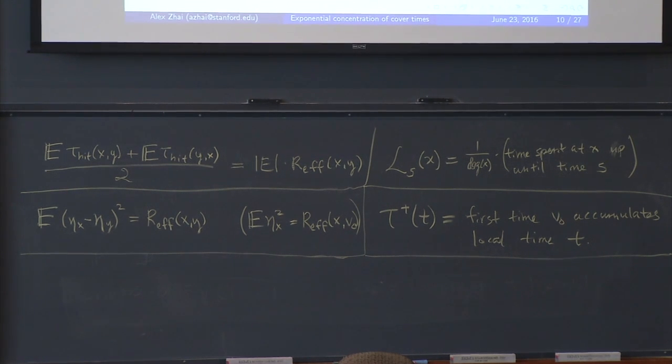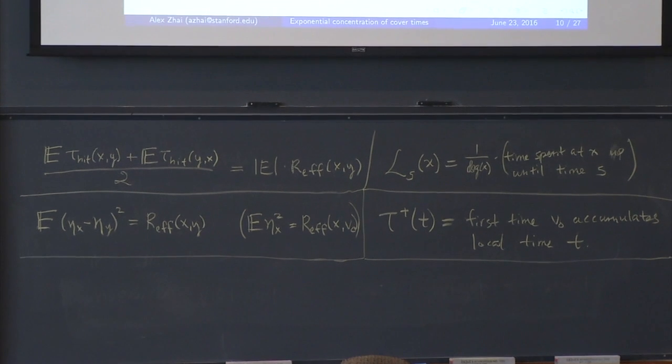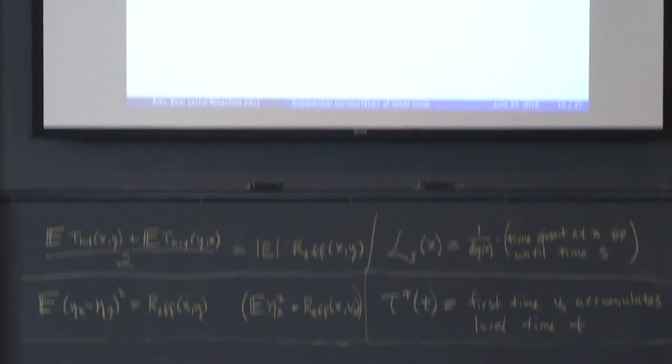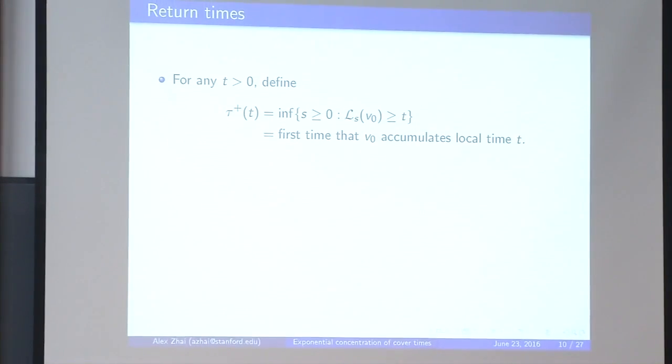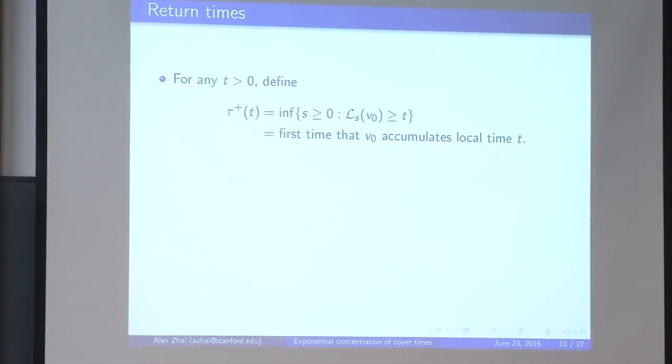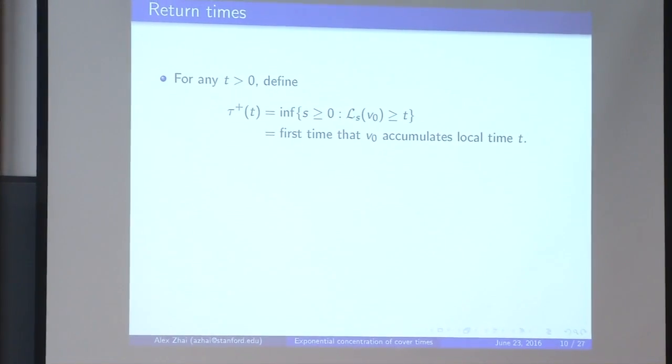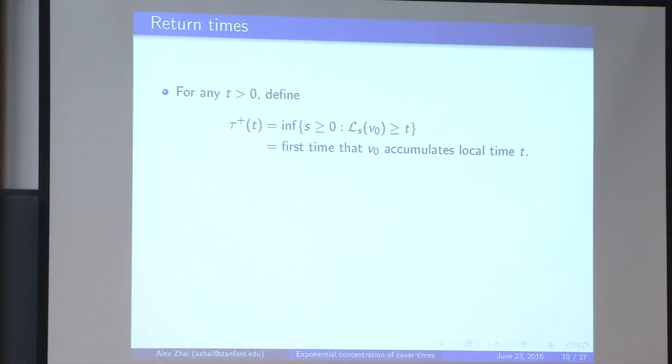But really, you should think of this as analogous to, for a discrete random walk, how long will it take for me, if I start at v naught, to get back to v naught for the first time? We're always starting from v naught, basically.